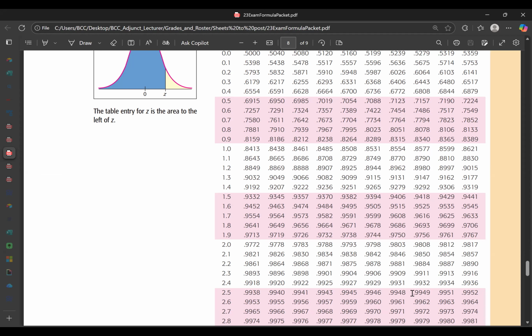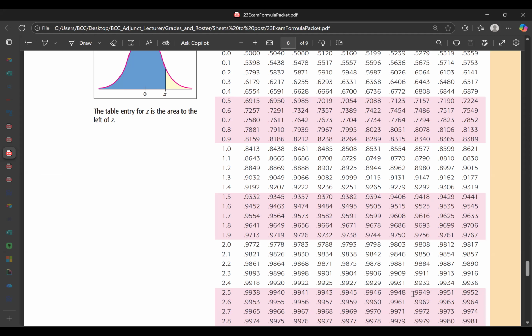So this is actually it right here, between these two. Both of these numbers correspond to a particular Z value. What is that Z value? 2.57 and 2.58.